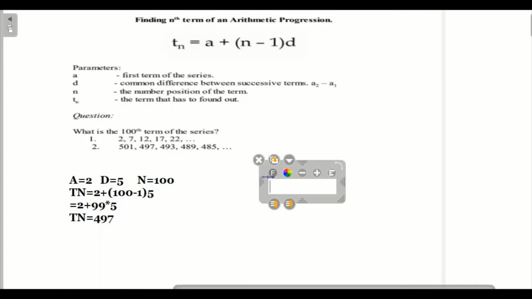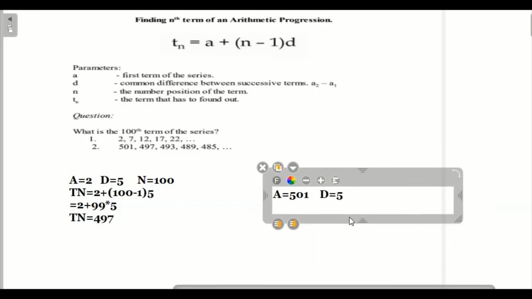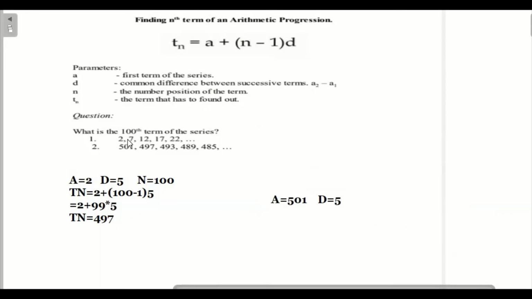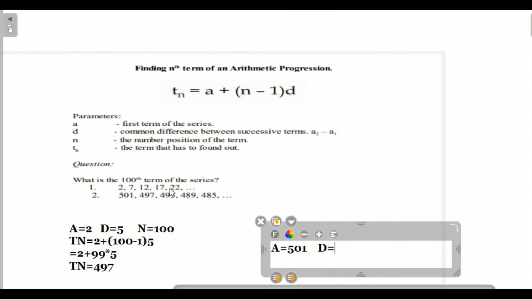So in the second sum, we have the initial term a is 501. Then we have the difference. The difference is the difference between these two numbers, that is 501 minus 497.